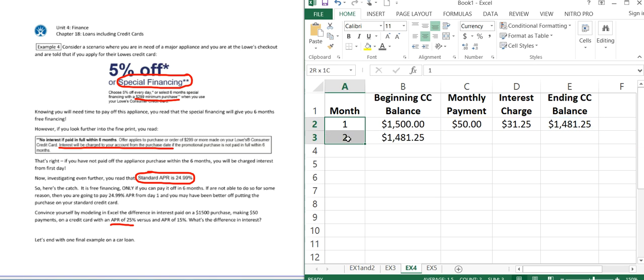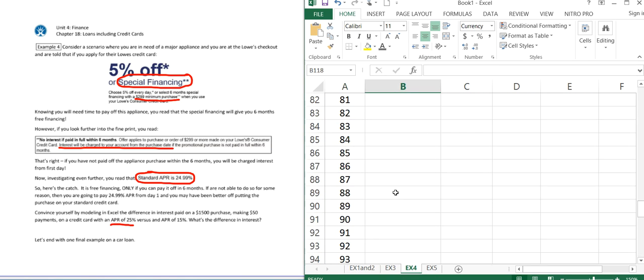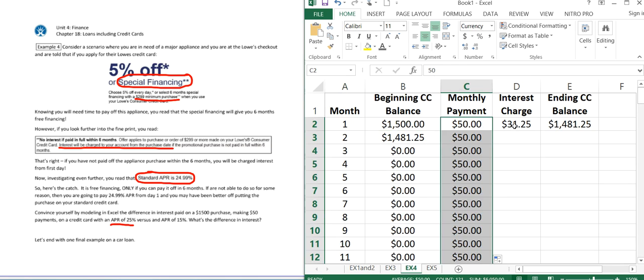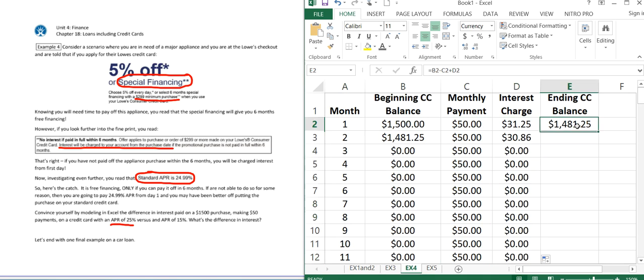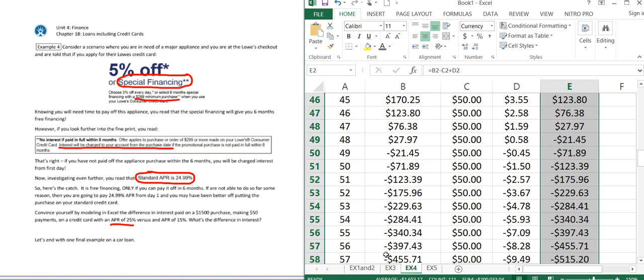So let's go ahead and look at, if I could only in fact afford monthly payments of $50, how long would this take me to pay off? So let's go ahead and fill the spreadsheet here and see where that takes me.